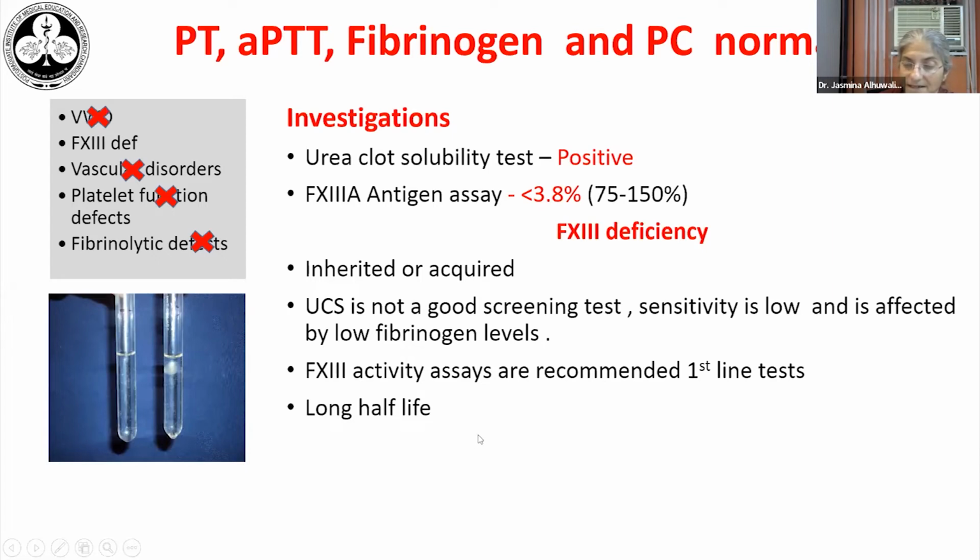It is nearly 10 days. So if the patient has received a recent transfusion, even though he has basic factor 13 deficiency, the transfused factor 13 may stay for a very long time and hence give rise to a false negative result for testing. So it's always important that if you're suspecting factor 13 deficiency, to call the patient for retesting after at least 1 month of the last transfusion.